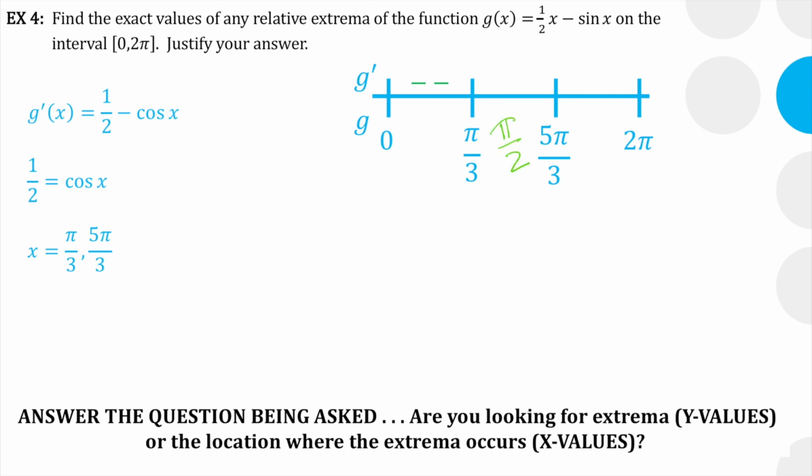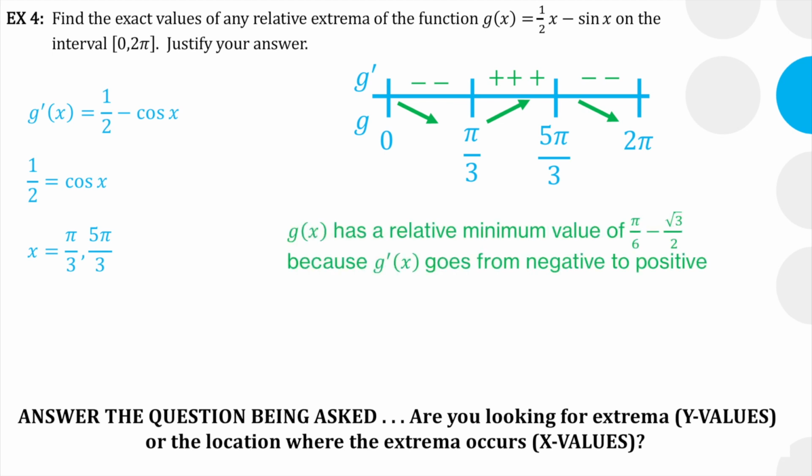Cosine of pi over 2 is 0, so 1/2 minus 0, that's a positive. We could try 7 pi over 4, where the cosine of 7 pi over 4 is √2 over 2. That gives me a negative again. Now we know that the graph of g is decreasing, and then increasing, and then decreasing again.